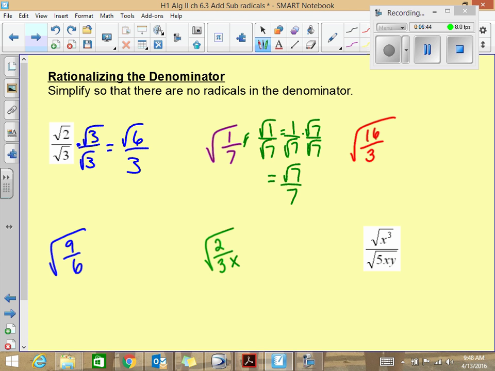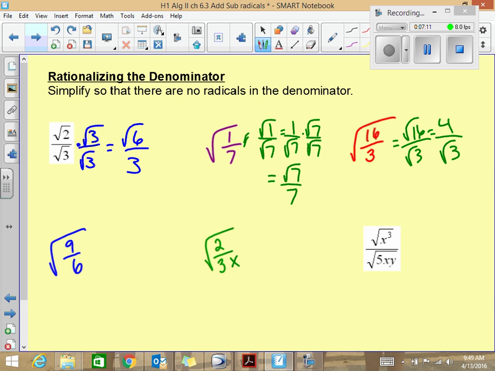But the other rules still apply. So if I look at radical 16 over 3, how can I simplify that first? Can I do anything? Right, radical 16 is 4, so I can get it to be like this.